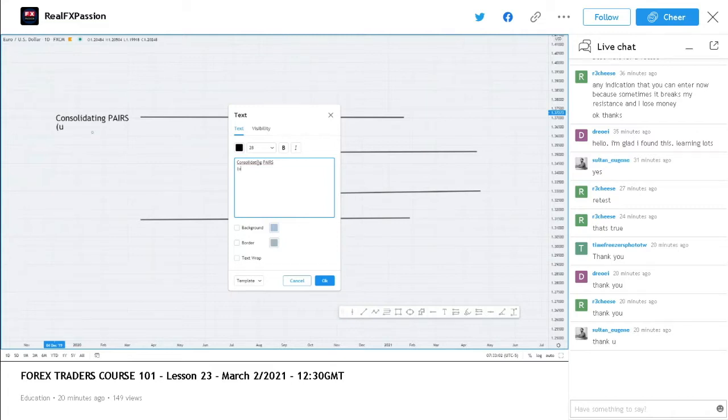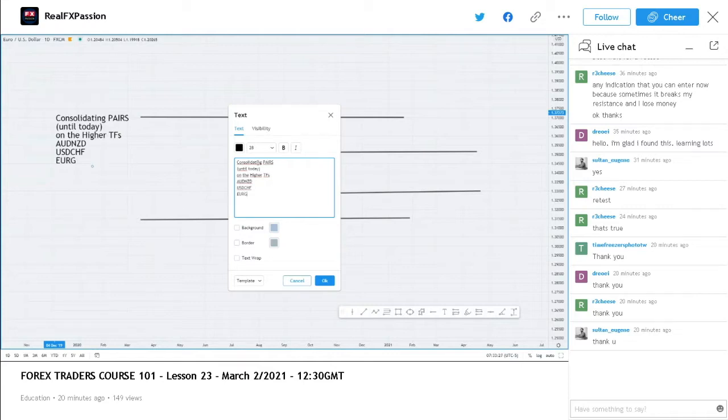Until today, on the higher time frames, what are they? So AUD, NZD would be one. USD, CHF would be the second one.